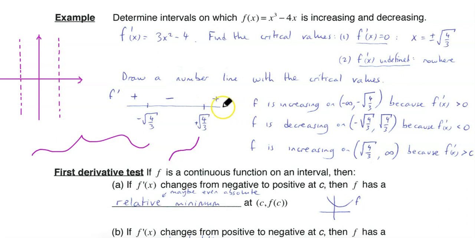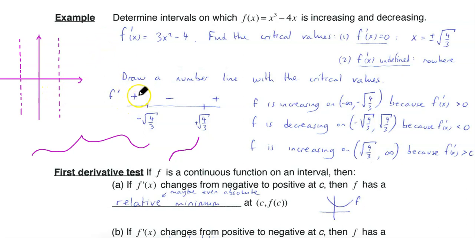I'm definitely going to be in the correct zone, and I can see that if x is equal to 1000, this is going to be huge, and minus 4 will have no impact. So f prime is definitely going to be positive. So I put a plus here, and now I know that the function goes down, and then it goes up.